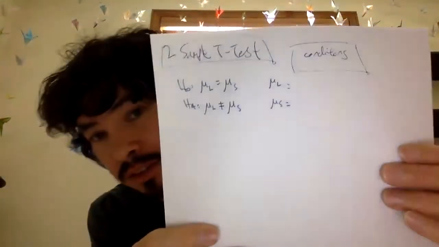And then make sure you define each of those. You got to define those, the mean of L and the mean of S. So that is the mean number of ounces people scooped who got the large bowl, and the other one is the mean number of ounces people scooped who got the small bowl.